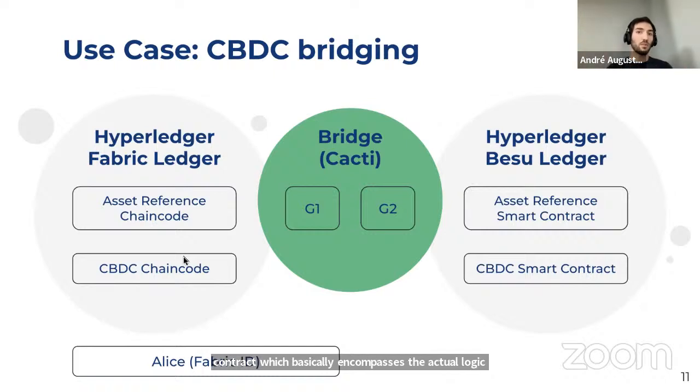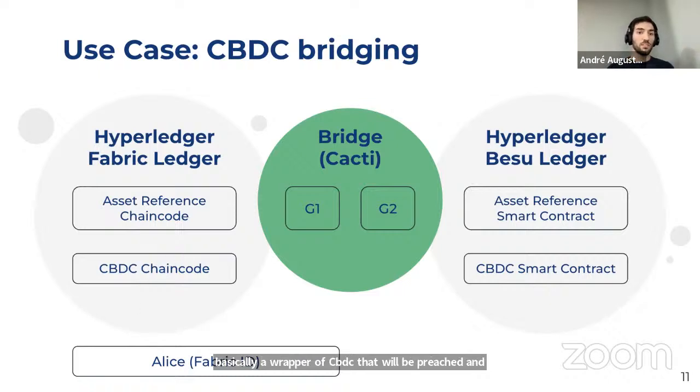The CBDC is a central bank digital currency. I didn't say that. Just think of it as a token if you don't know much about that in detail. So we have this CBDC definition in this chain code. And then we have an asset reference chain code, which is basically a wrapper of CBDC that will be bridged.